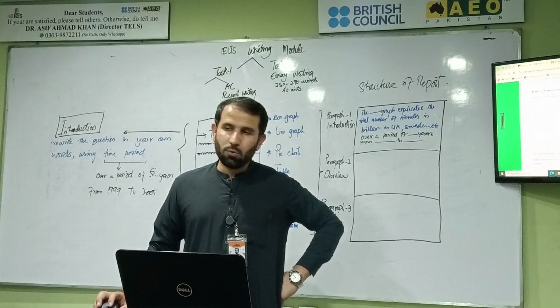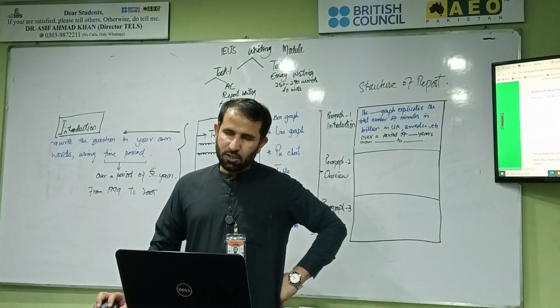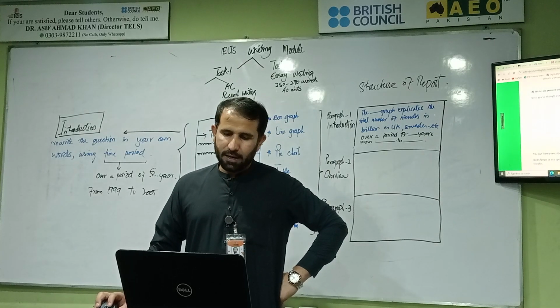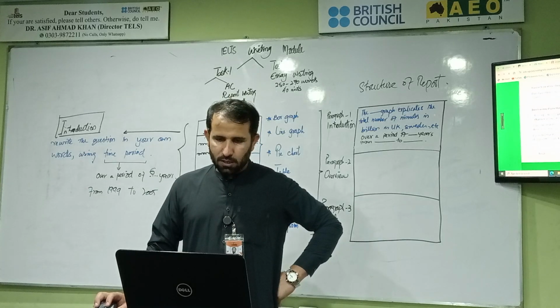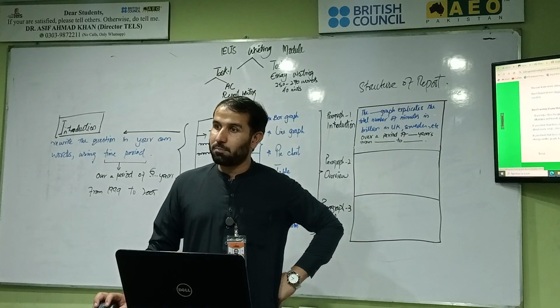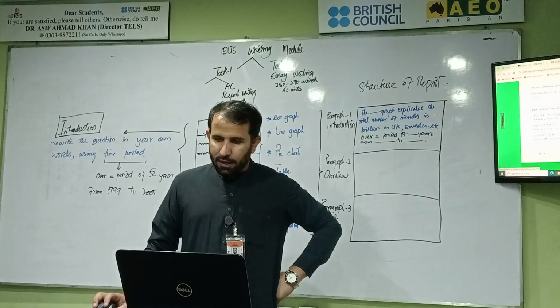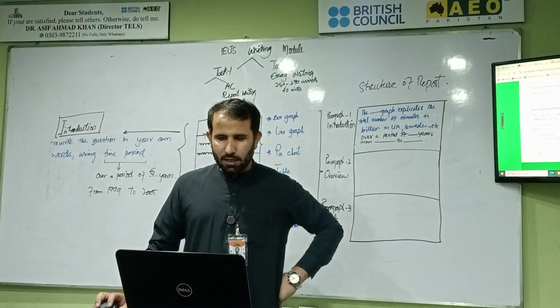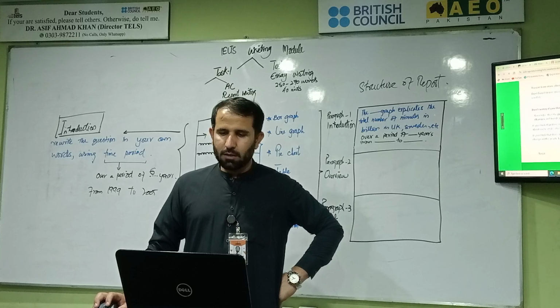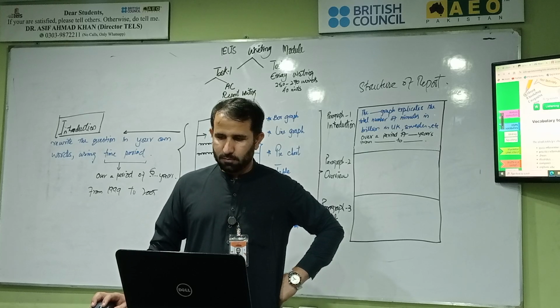Introduction, general overview, and specific features, meaning details. 3 paragraphs, 1, 2, and 3. Then you will drag it down. You can see how to answer writing task 1. Special vocabulary to describe graphs, linking structure, academic word list.